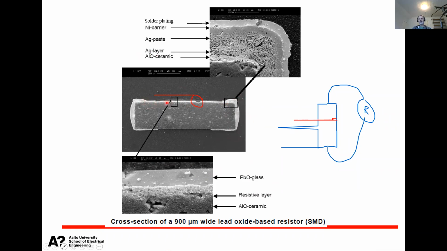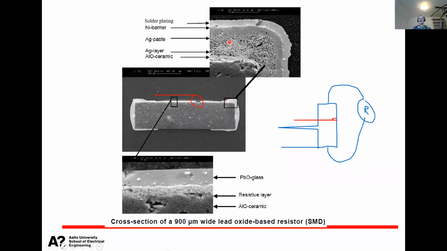Now you have the resistive material at the surface, but you need to somehow electrically contact it. So how do you make it? Typically you have this silver paste, which is silver flakes together with either glass particles or organic binding agents, applied at the ends of the components, so that makes the electrical contact from the resistive material to this end termination.